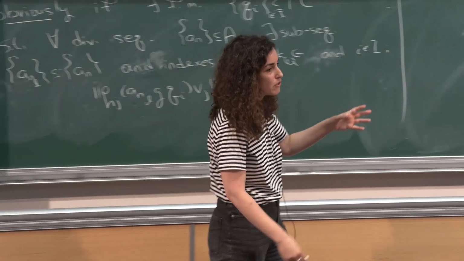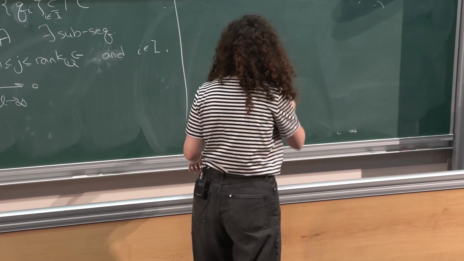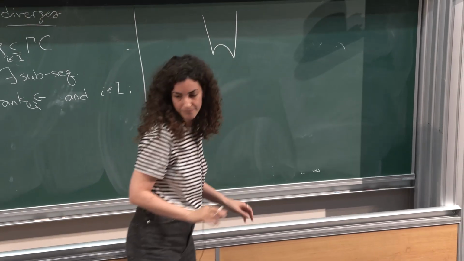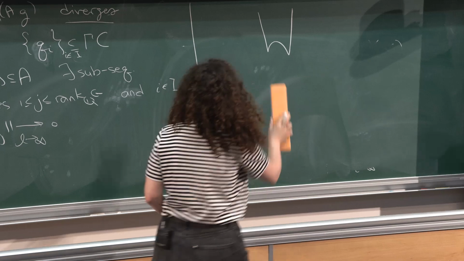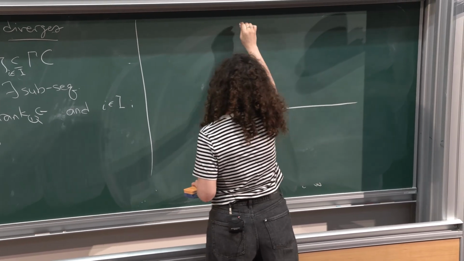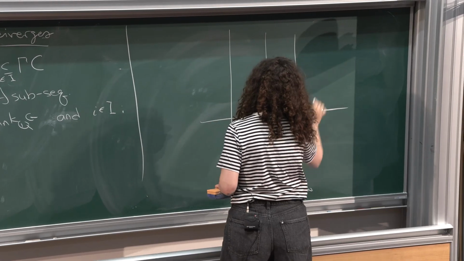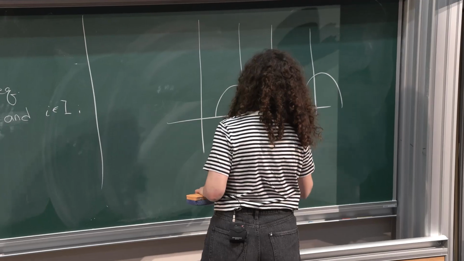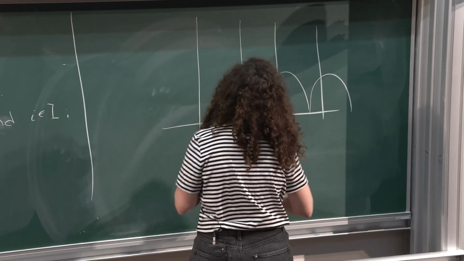And the way it looks, again in the SL2 case, and maybe I will finish with that. Maybe no. Let's do the full picture. So if I have these isometries, no, what did I do?